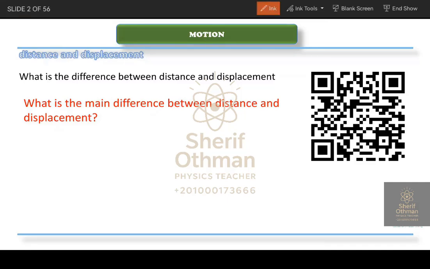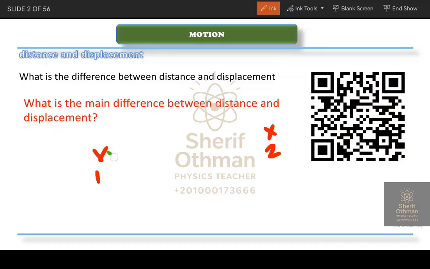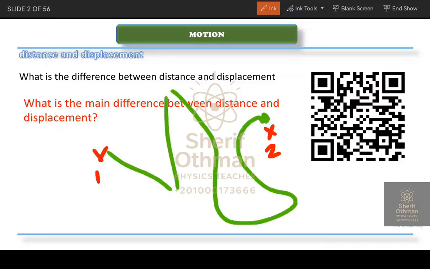If we have an object that exists at point 1, and this object needs to move and reach position 2. If this object moved in different paths, and by the end reached the final position, that means it moved in distance.